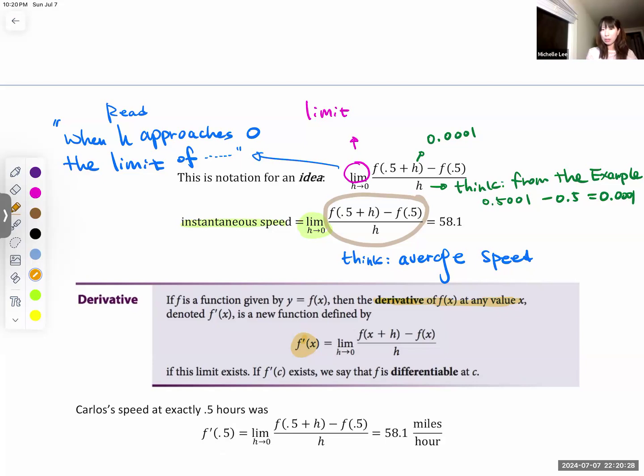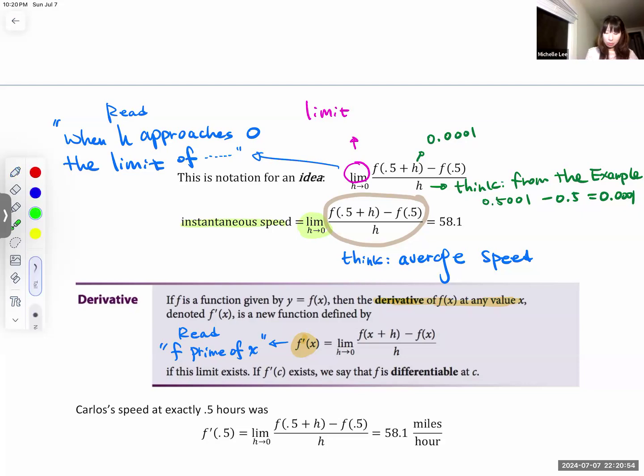This is what we did earlier, instantaneous speed. That is the derivative of f of x. This one we read f prime of x. Can you see that? We have a little mark on the top, right?